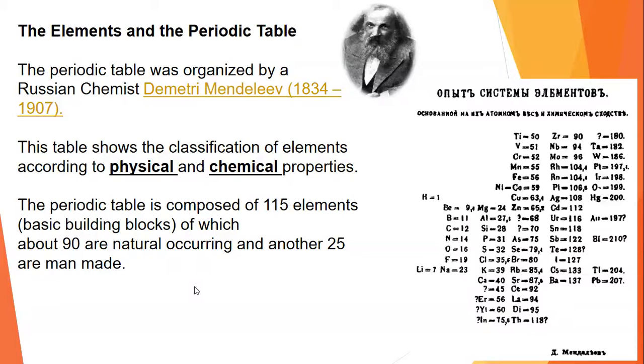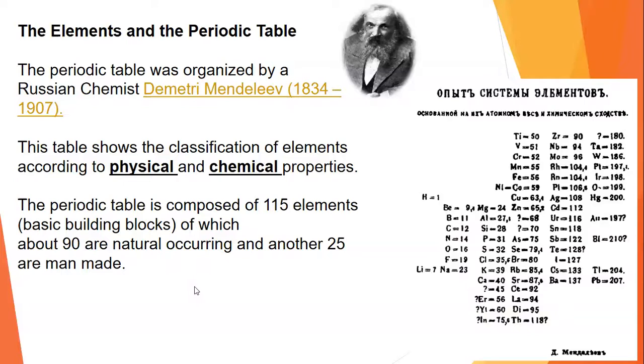Now, the person that came up with the first periodic table was a Russian chemist, and his name was Dmitry Mendeleev. And Mendeleev lived from the 1830s to the early 1900s. And if you'll recall, much of the research into atoms was being done in the early 1800s. So he was right in the midst of it all.